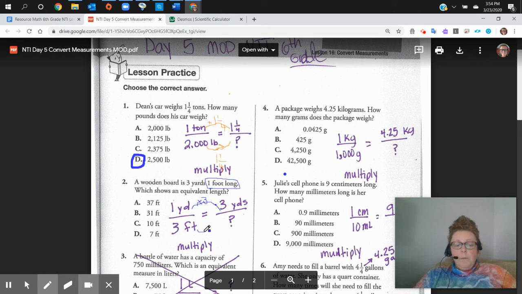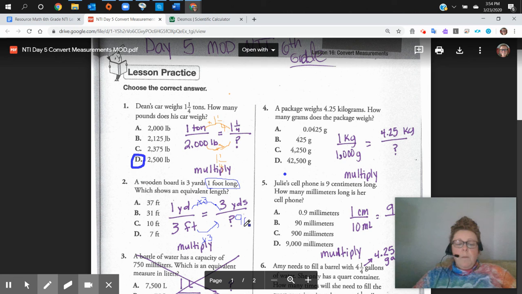So I'm going to multiply by 3 on the bottom. If you don't know what 3 times 3 is, that's okay. Go ahead and pull up a calculator. If you do know, 3 times 3 is 9. So this equals 9 feet.